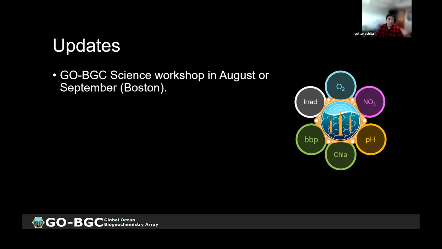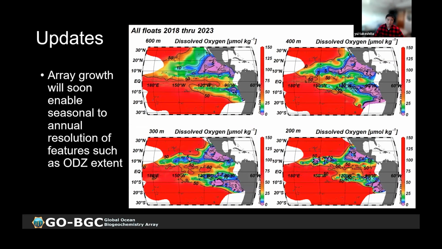And then the final 2 updates are just quick science updates, on what potentially can be done with BGC Argo data. These plots are courtesy of Ken Johnson. The first one shows the oxygen distribution at various depths, so 200, 400, 300, and 600 meters, by combining all biogeochemical Argo data.